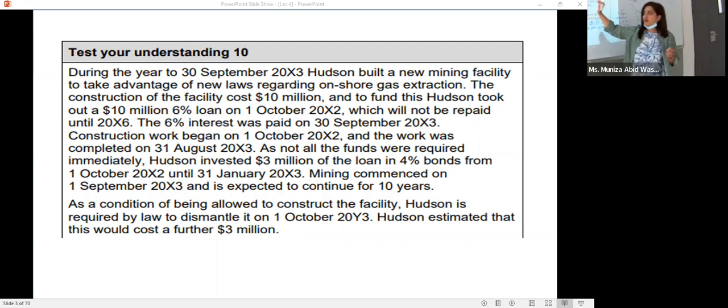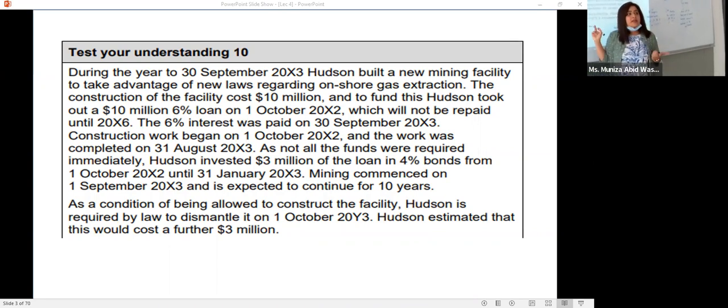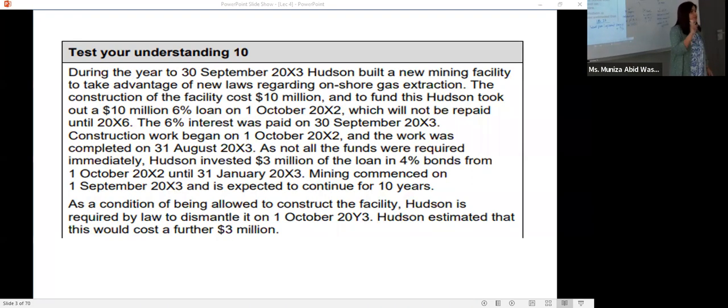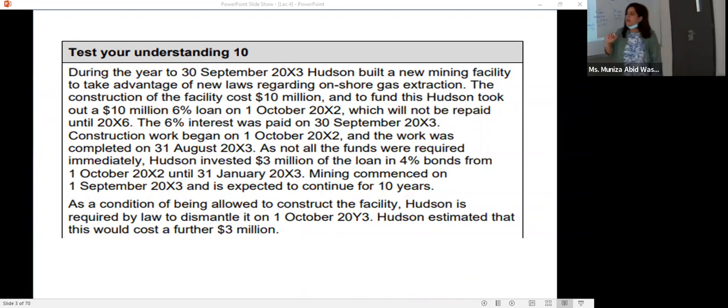On 1st October, we had taken a loan and soon after that, our construction work had been started. But construction ended on 31st August 2003. That is why we cannot capitalize the remaining interest. The remaining 1 month interest will go to the statement of profit or loss as per our finances. So we can write that as well.